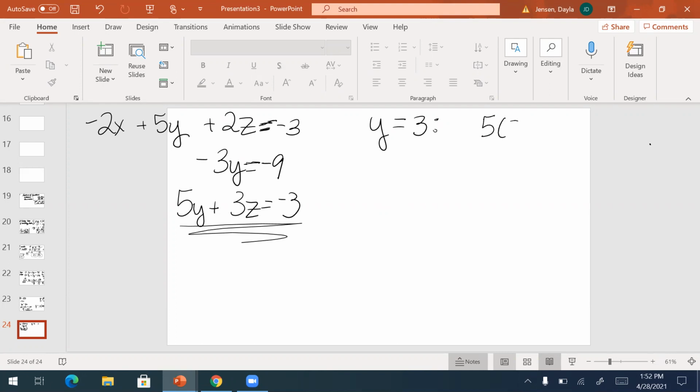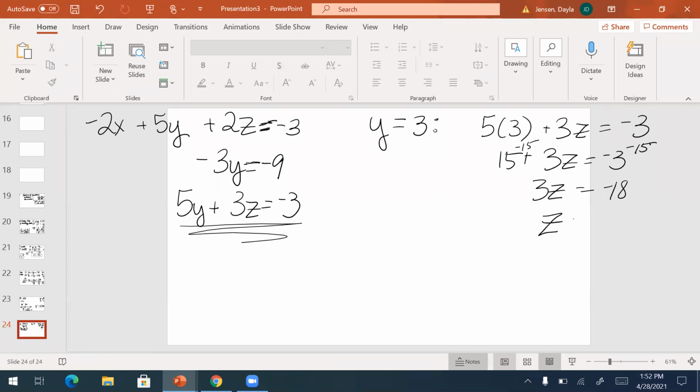So 5 times 3 plus 3z equals -3. So this is 15 plus 3z equals -3. So subtract 15 from both sides. 3z equals -18.